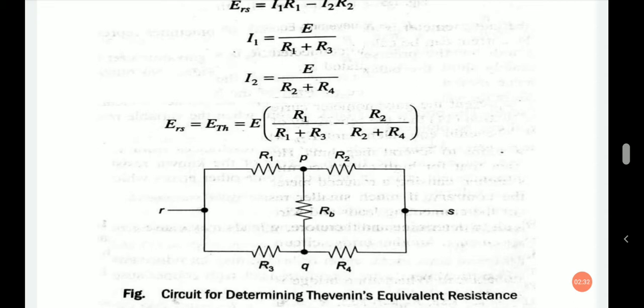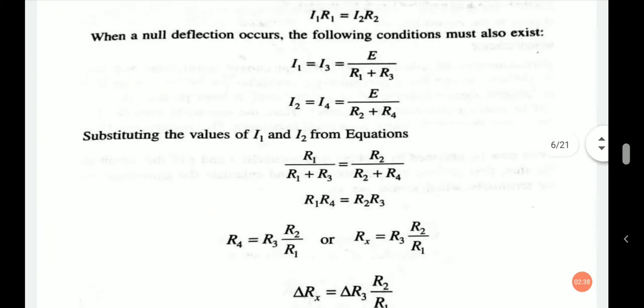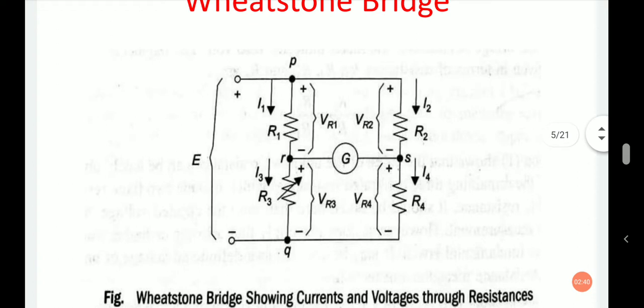The current can now be obtained by looking into terminals R and S of the circuit. So I will show you that circuit.